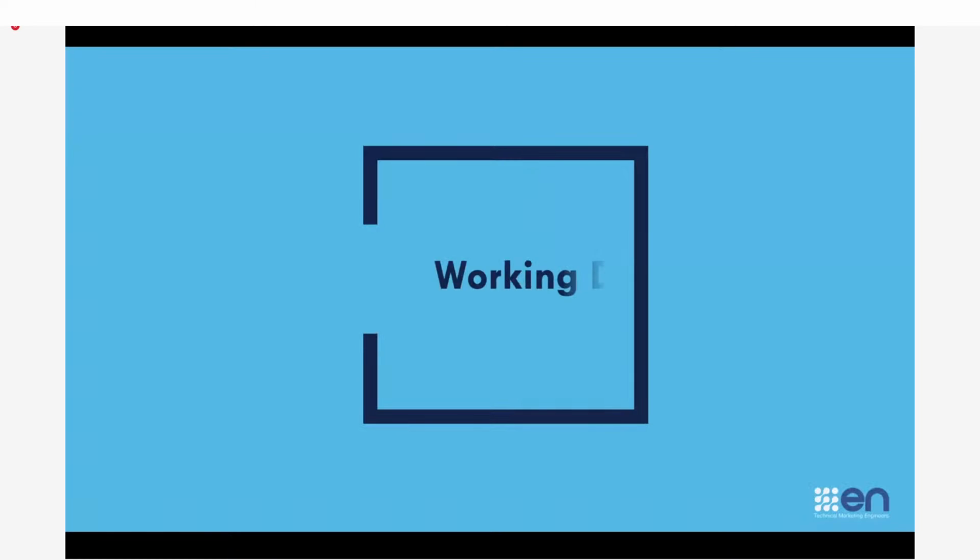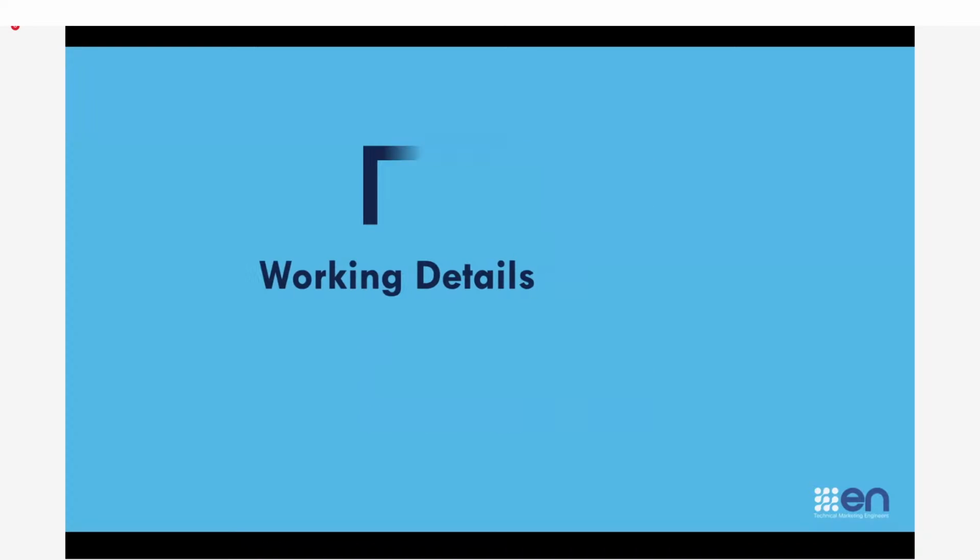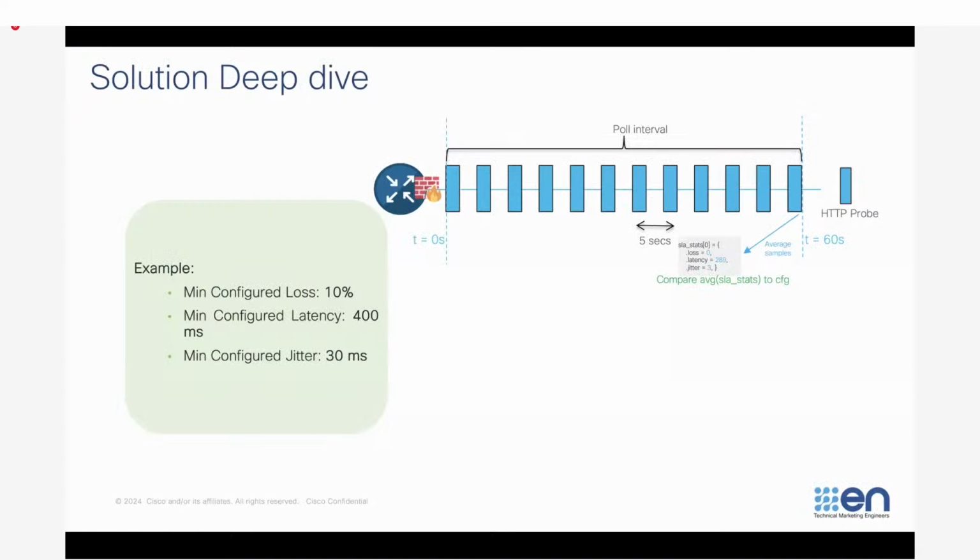Now, in terms of the working details, let's take an example. As a customer, you have configured your maximum loss as 10%, latency as 400 milliseconds, and jitter as 30 milliseconds. On the SD-WAN edge device, we send these HTTP probes or samples spaced every 5 seconds.